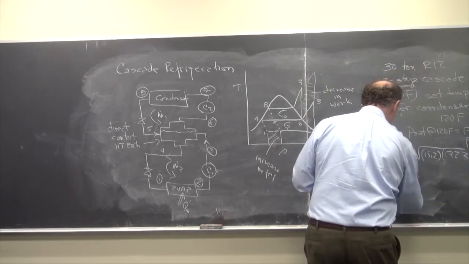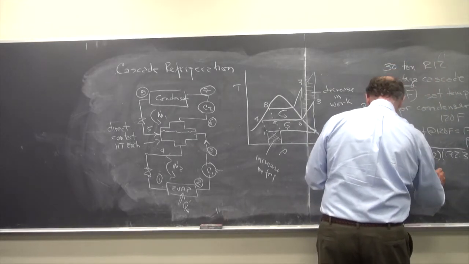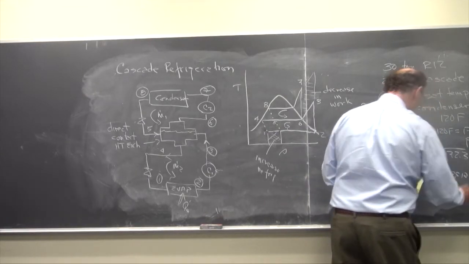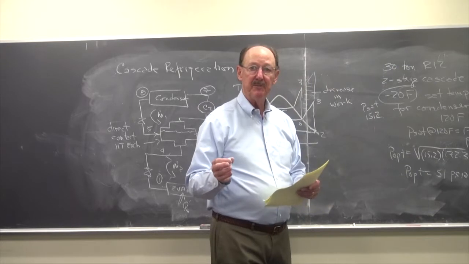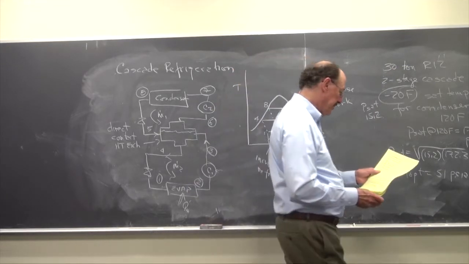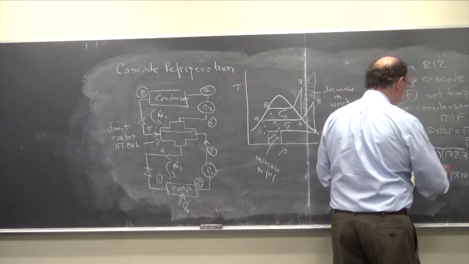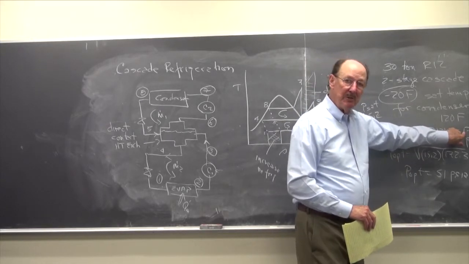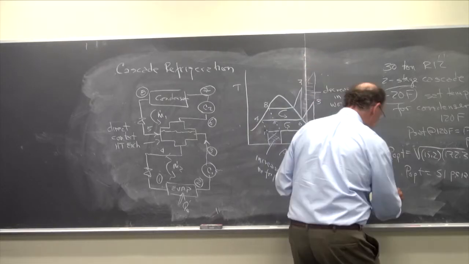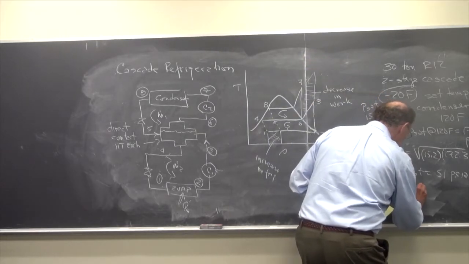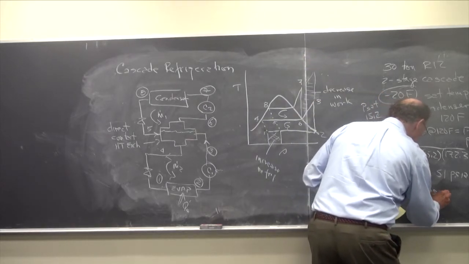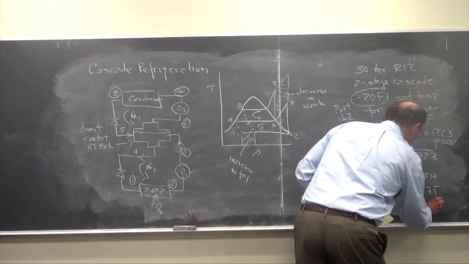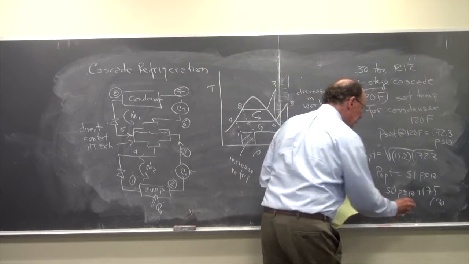And so we have that P optimum is equal to 51 psia. We don't have tables for 51 psia, so we'll use the 50 psia tables. And we don't have superheat tables for 172.3 psia, so we're going to use 50 psia and 175 psia. So we'll use those for the table values.